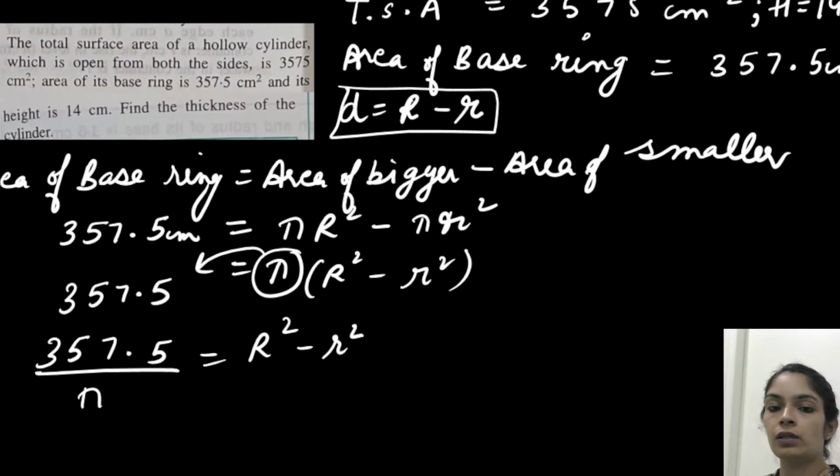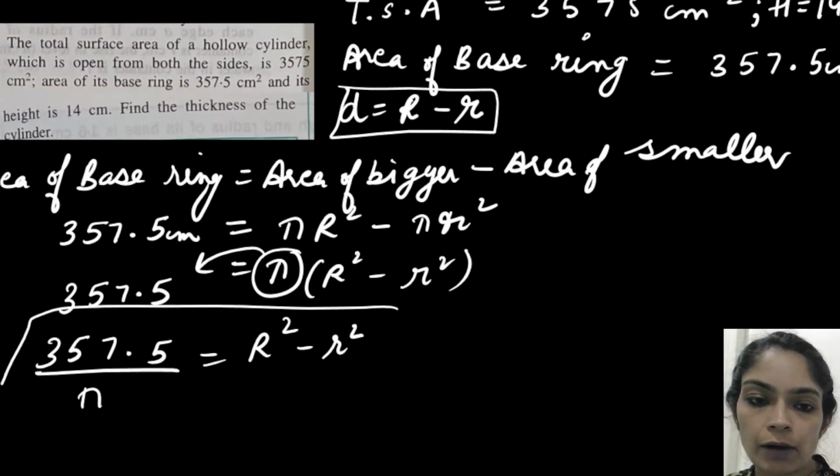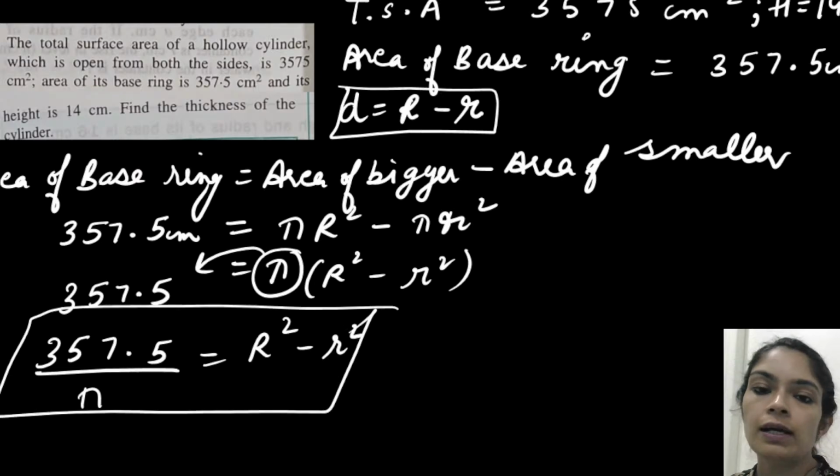This question, with understanding, is a little complicated, or you can say a lengthy type of question. If you understand it, it is not a difficult one. Okay, so I found the value of this one, and how I found it I have shown you. I'll be using that.